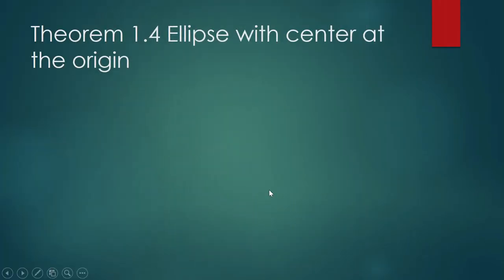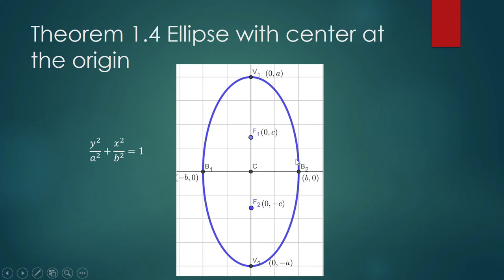Let us do some exercises. Oh, by the way, this would be the vertices, or the important points along your ellipse when your ellipse has a principal axis that is vertical. A will help us locate the vertices. B will help us locate the endpoints of your minor axis.